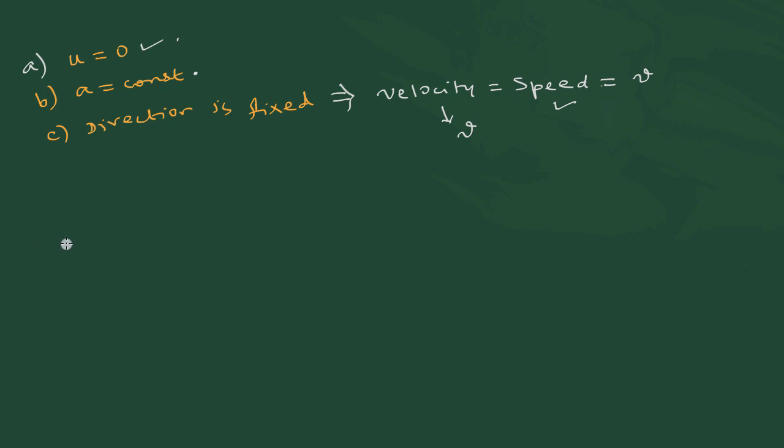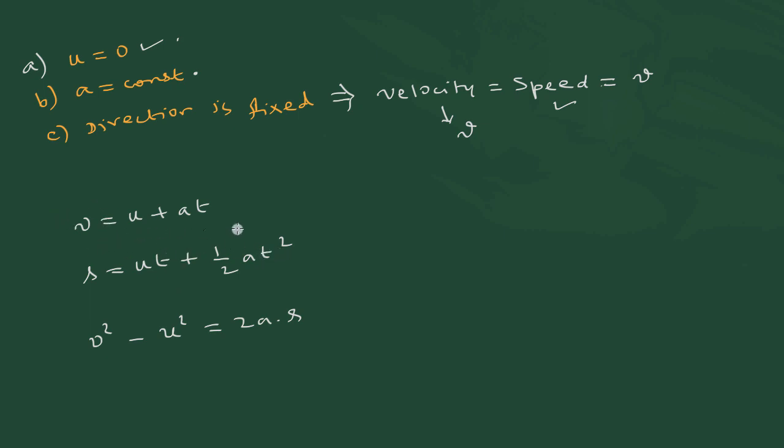When you are dealing with a problem in one-dimensional motion, we have 3 equations: v equal to u plus at, s equal to ut plus half at square, or v square minus u square equal to 2a into distance traveled.